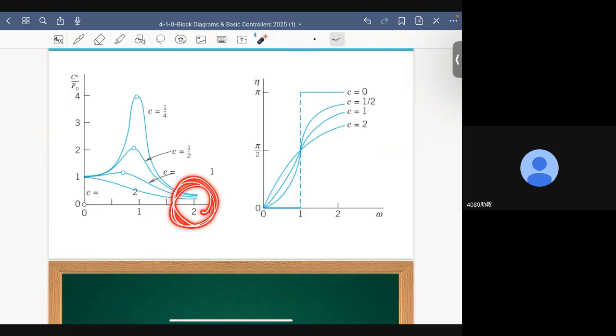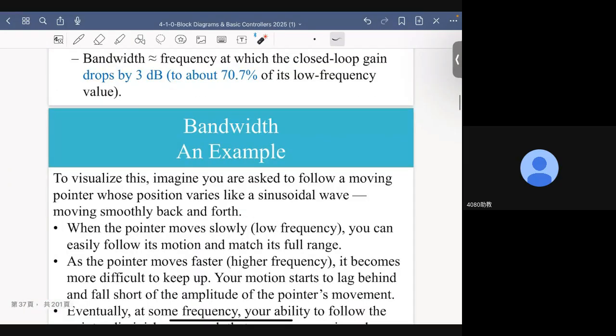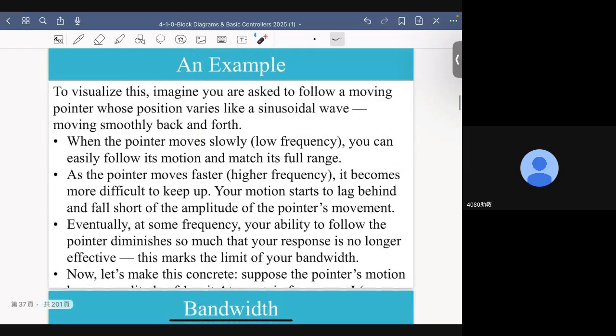In that case, my system is unable to effectively respond to the reference input because it cannot match its full range of motion.